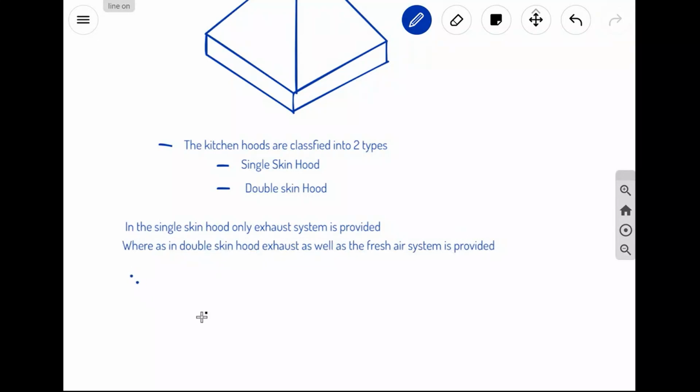Again, these hoods are further classified into two types.